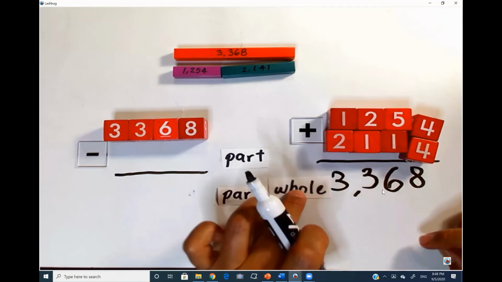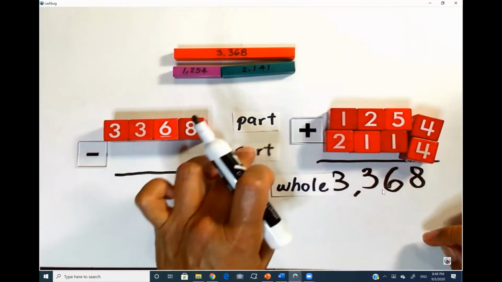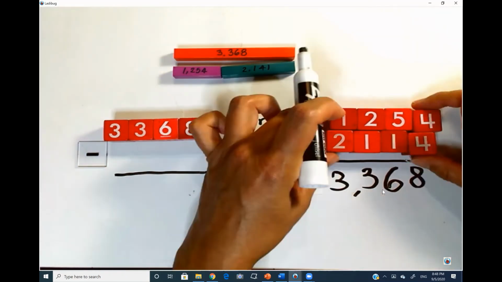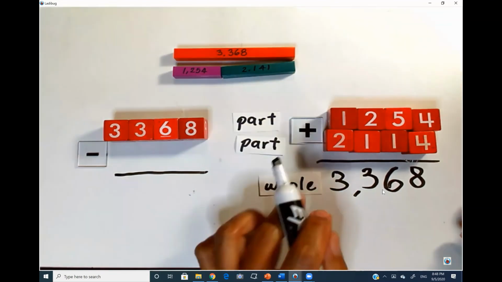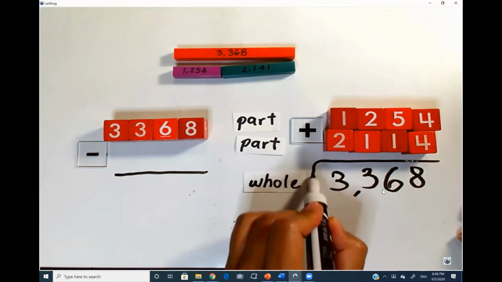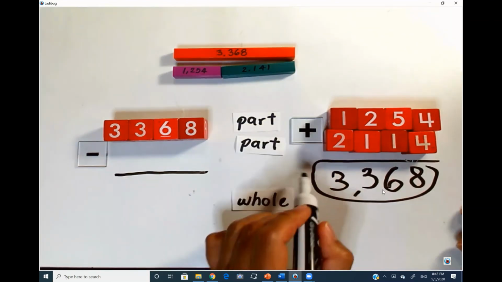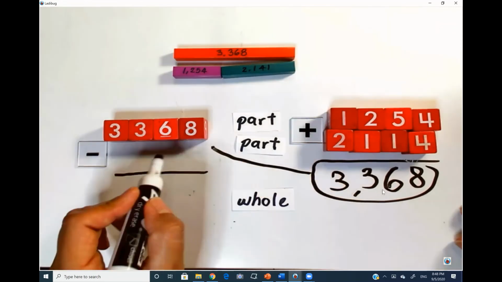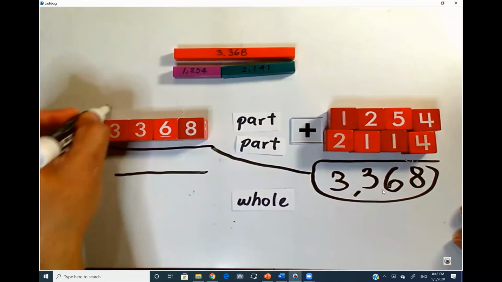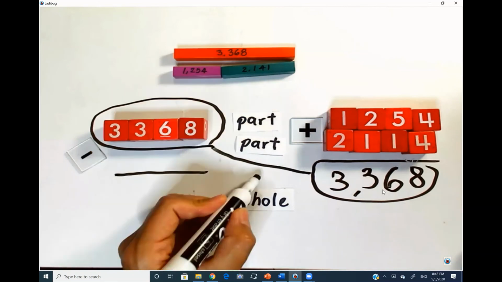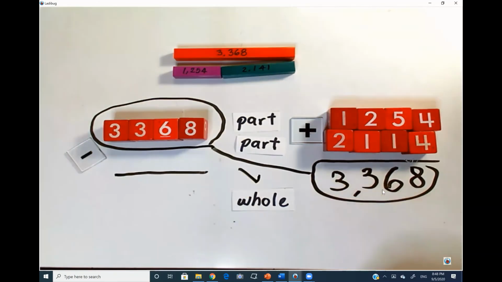This is our whole. And then our parts are going to make the whole. So this part plus this part makes the whole. And because the sum of the two numbers is the same as the minuend, which is the whole, that means our operation is right. We don't have mistakes in the subtraction.